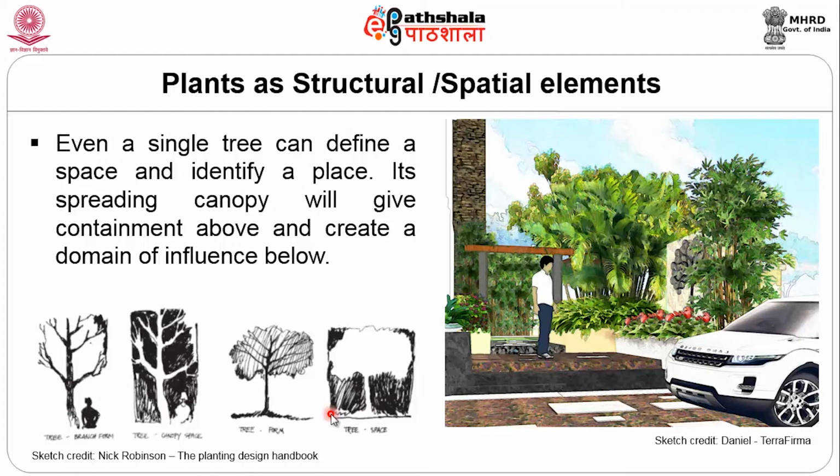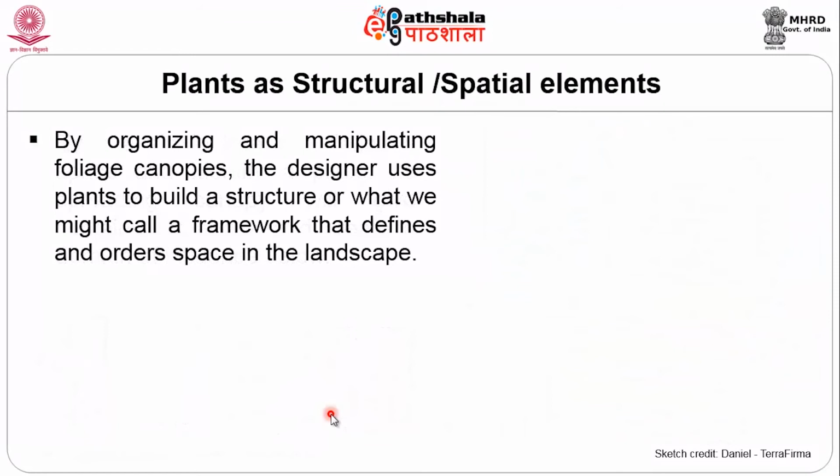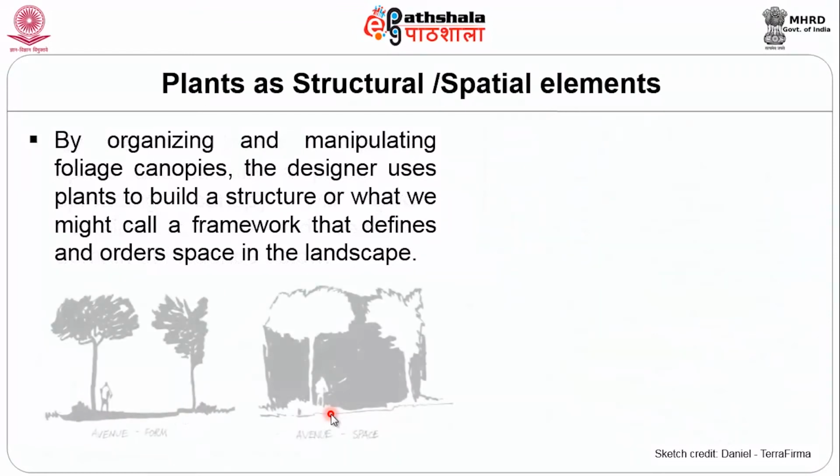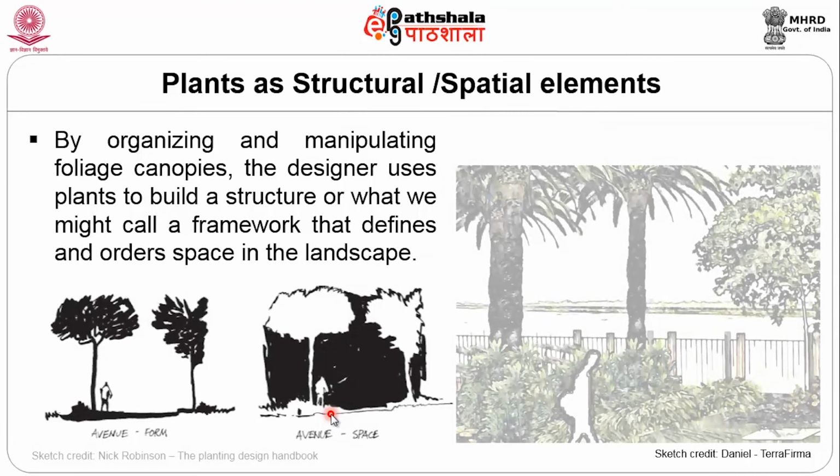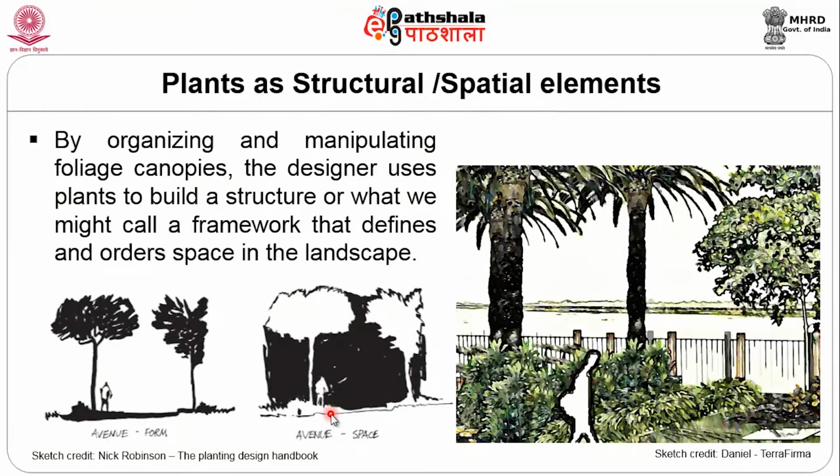By organizing and manipulating foliage canopies, the designer uses plants to build a structure, or what we might call a framework, that defines and orders spaces in the landscape. However we arrange a particular space or a tree, it defines the kind of structure we are creating, and it defines the space in terms of its vertical proportions, its width, and the character of the space.